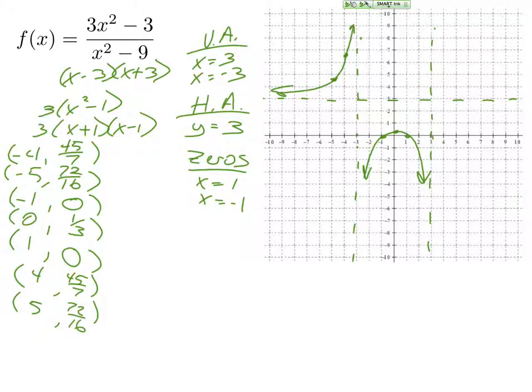So, just like on the last one, this one ends up being a mirror. So there's what I've got. Okay, vertical asymptotes told me what was going on. Horizontal told me what's going on at the ends. I've got my zeros. So let's see how close we got.